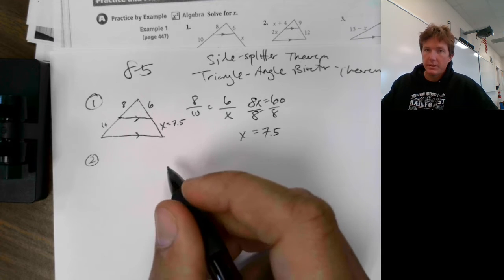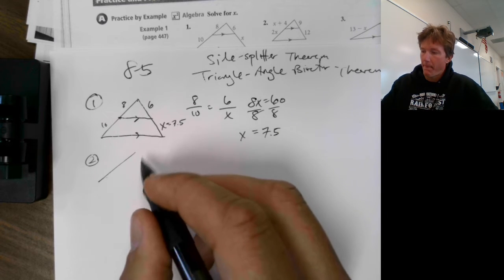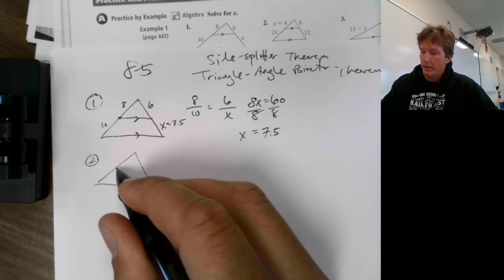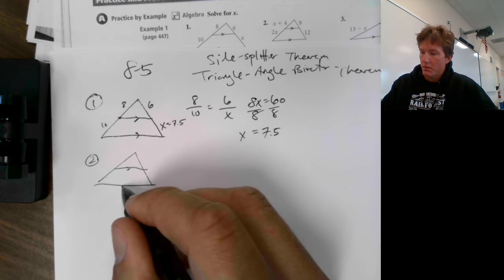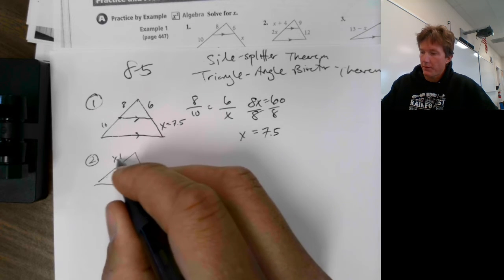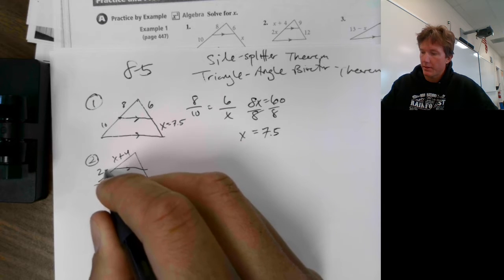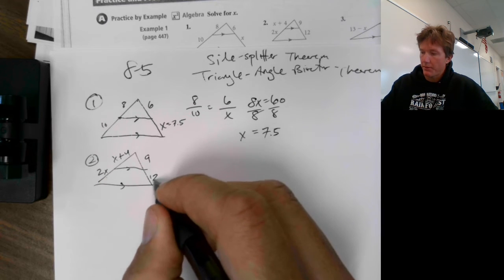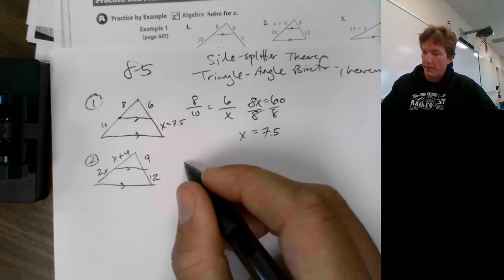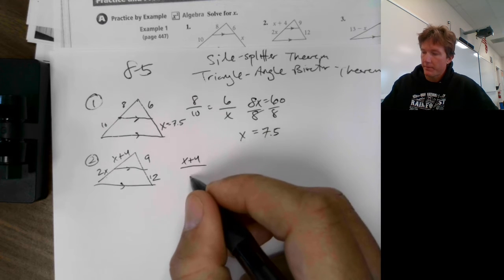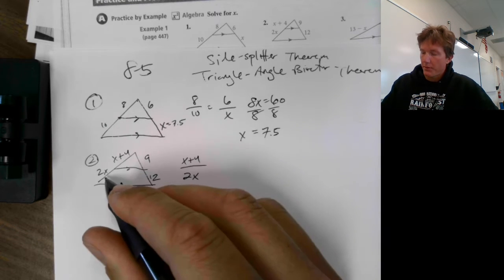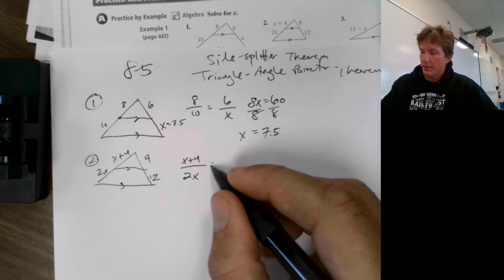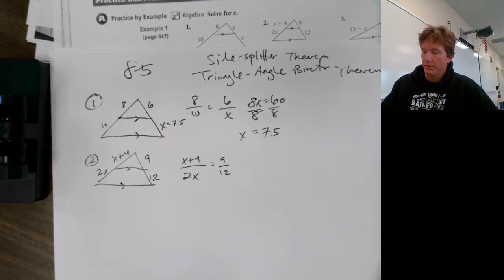Our triangle is like this. This is x plus 4, and this is 2x. That's 9 and 12. So I'm going to set up my ratios here. These are proportionate. X plus 4 over 2x shares the same proportion as 9 over 12.